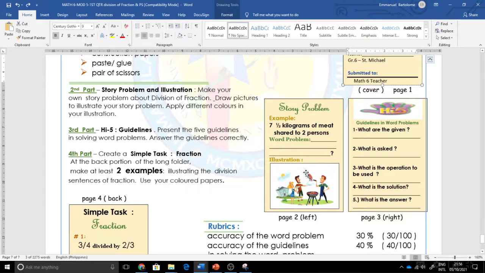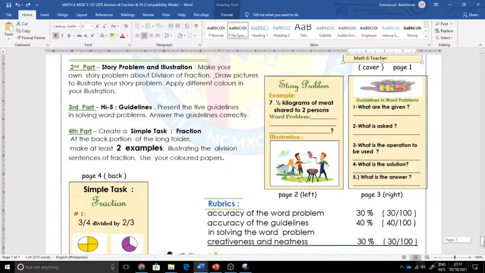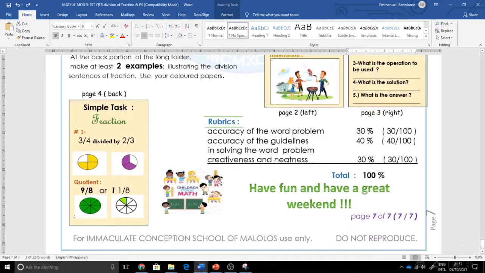And in page 3 at the right, you're going to answer the following questions. What are the given, ask, what operation to be used, solution, and your answer. And in page 4, you will write the fraction of your answer.